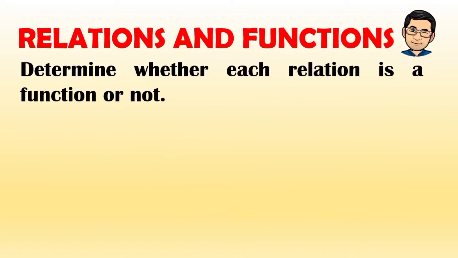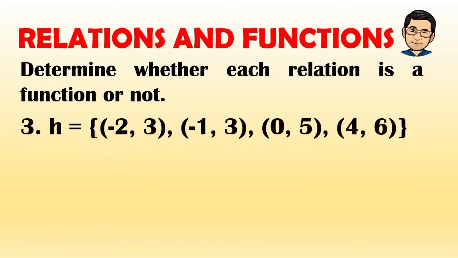So, for our third example, we have 4 ordered pairs again. Yung unang ordered pair natin is (-2, 3). Second one is (-1, 3), (0, 5), and then (4, 6). So, yung mga x values natin, negative 2, negative 1, 0, and 4. For our y values, we have 3, 3, 5, and 6.